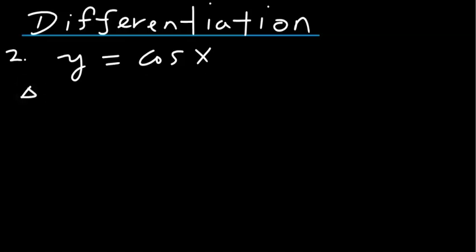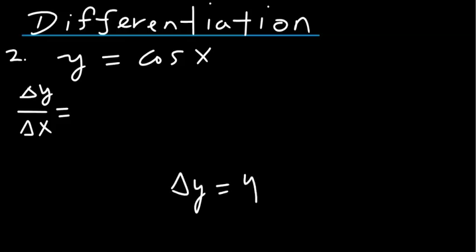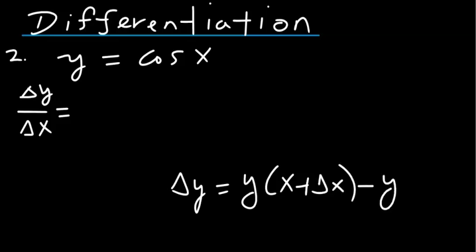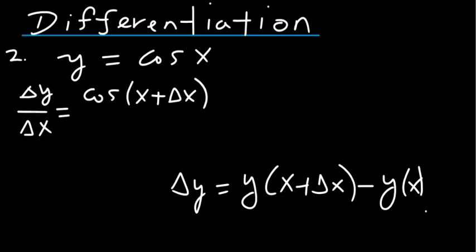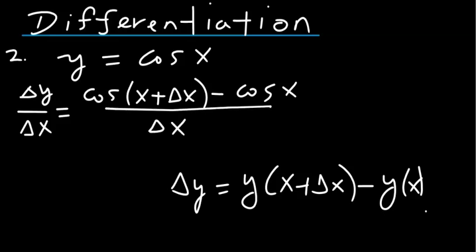Let's determine the following ratio, delta y over delta x, first. Delta y equals y evaluated at x plus delta x minus y evaluated at x. So that means for this function, it is cosine(x plus delta x) minus cosine of x, over delta x.